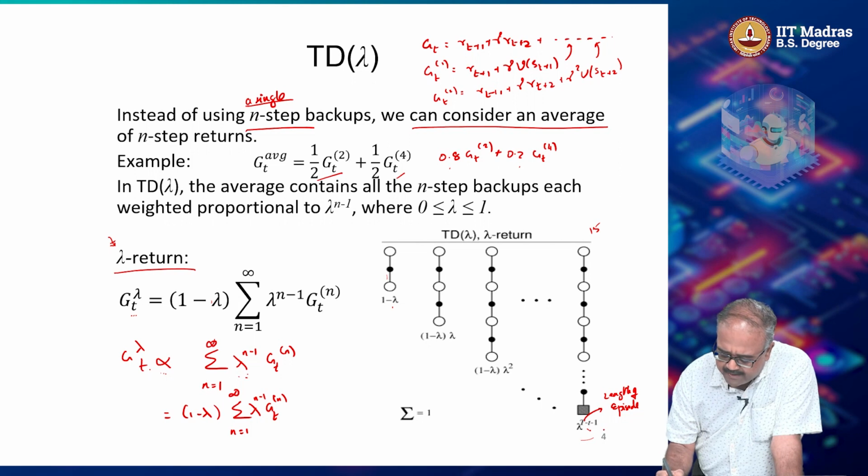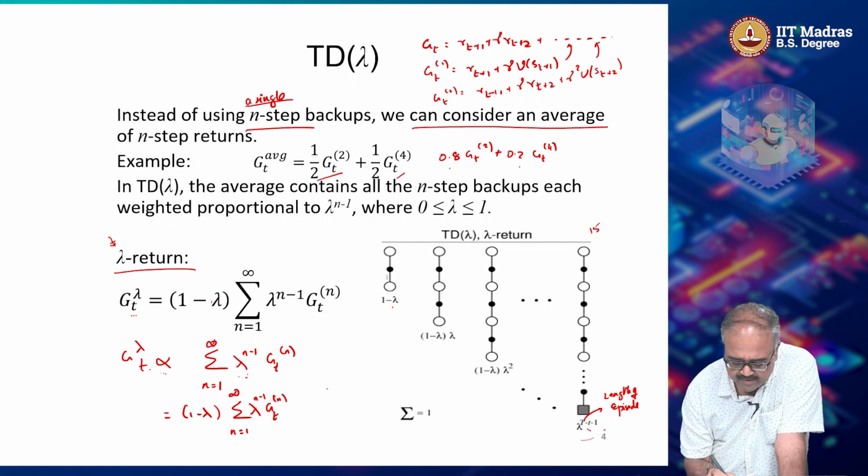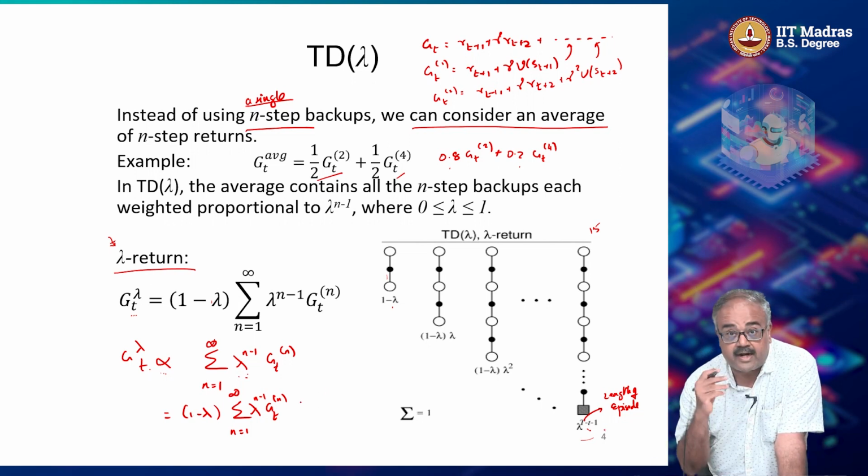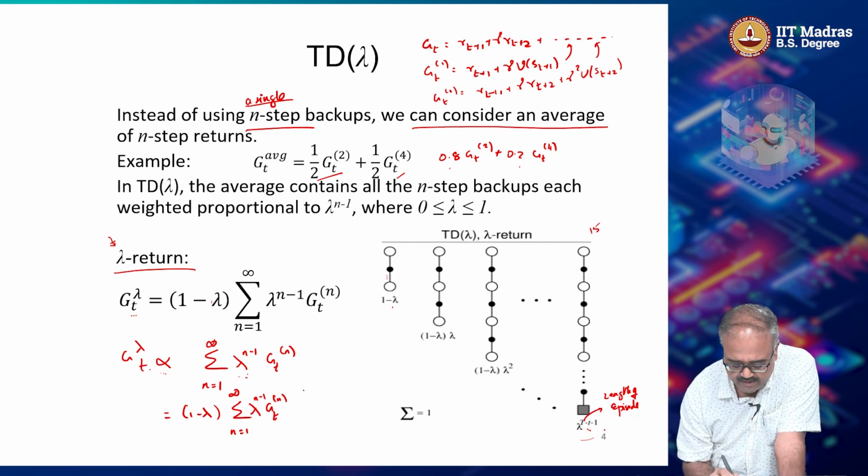Okay. So, what happens in this final case is the following. Let us say that you run all the way up till time step t. So, I can write it like this.